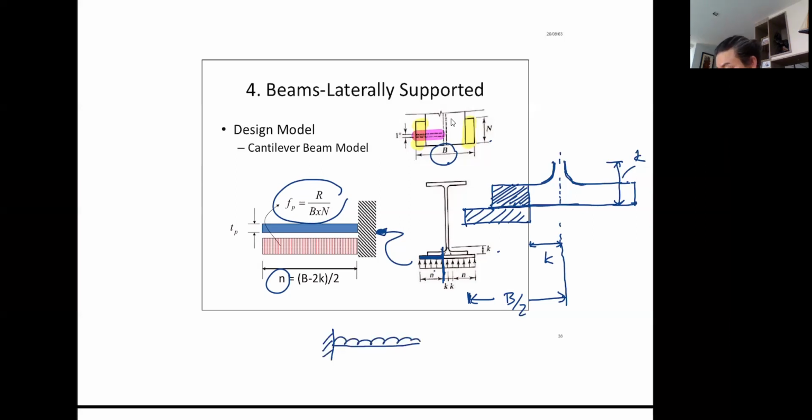That becomes the length, which is B over 2 minus K. And this is your F, which is equal to the reaction divided by the area of the plate. So that is your bending moment. Okay, is there any question?